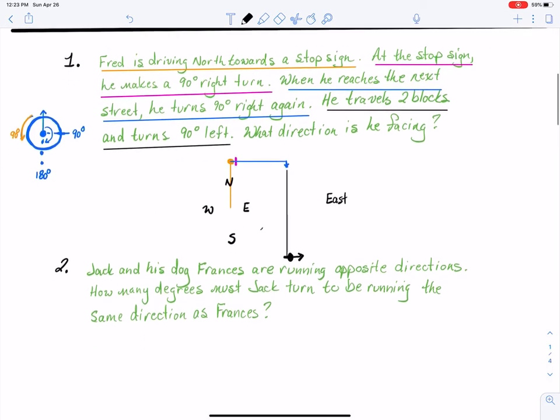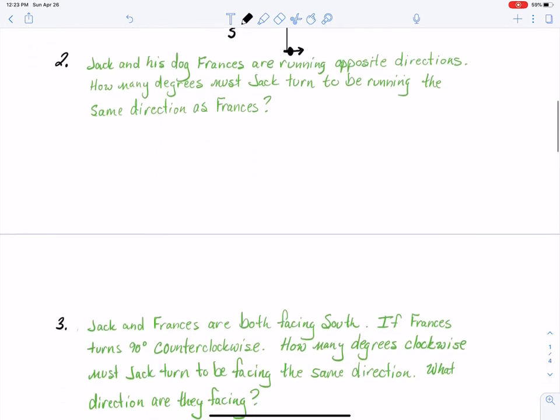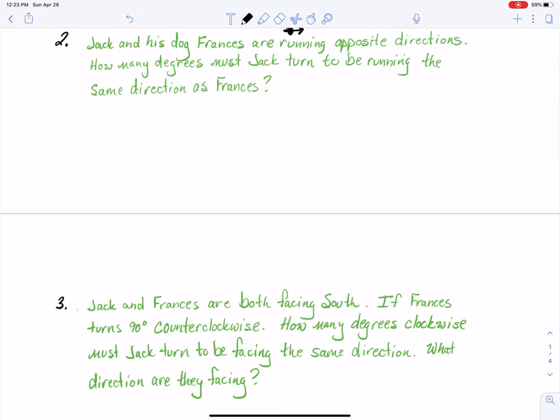Number 2, we've got Jack and Francis running in opposite directions. It doesn't say that they start at the same spot, and it doesn't say whether or not they start at the same time. It doesn't say who's farther away either. All I know is they're going opposite ways.